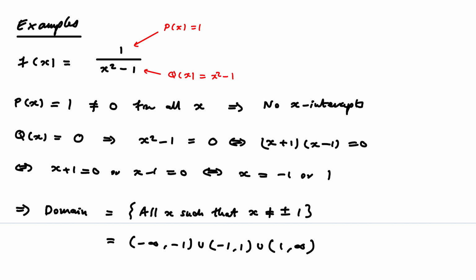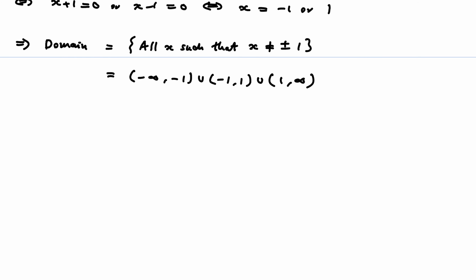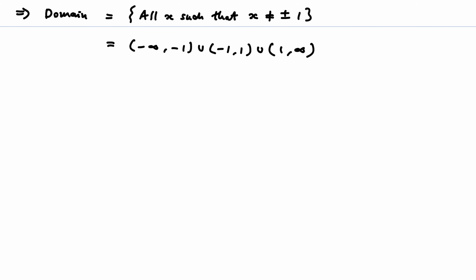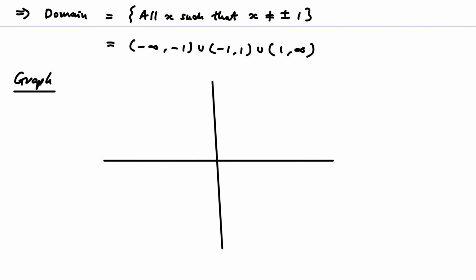Let me show you the graph of this. Now this is difficult. Like I said, this is not something you can really do without more sophisticated tools from calculus, but I want to show it to you just to illustrate some interesting behavior. So we'll take y, we'll take x.